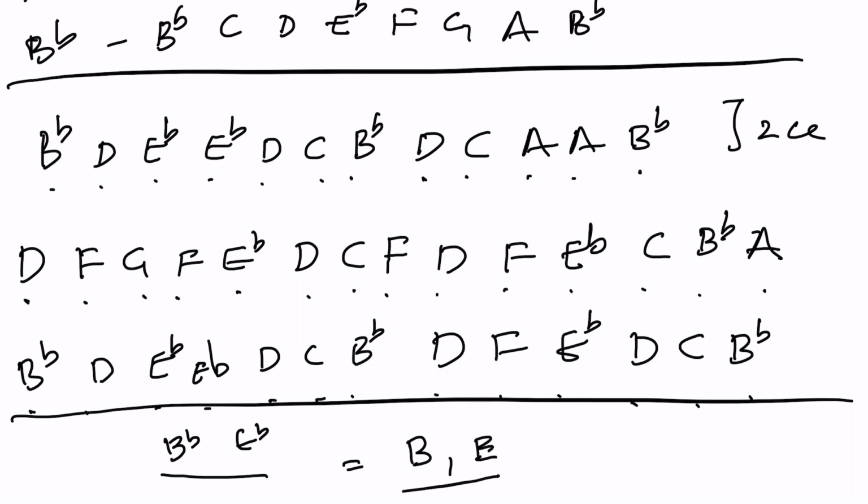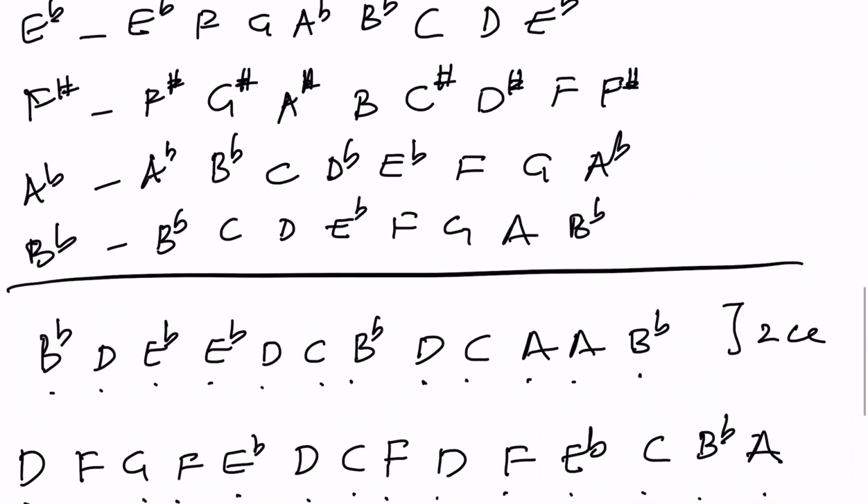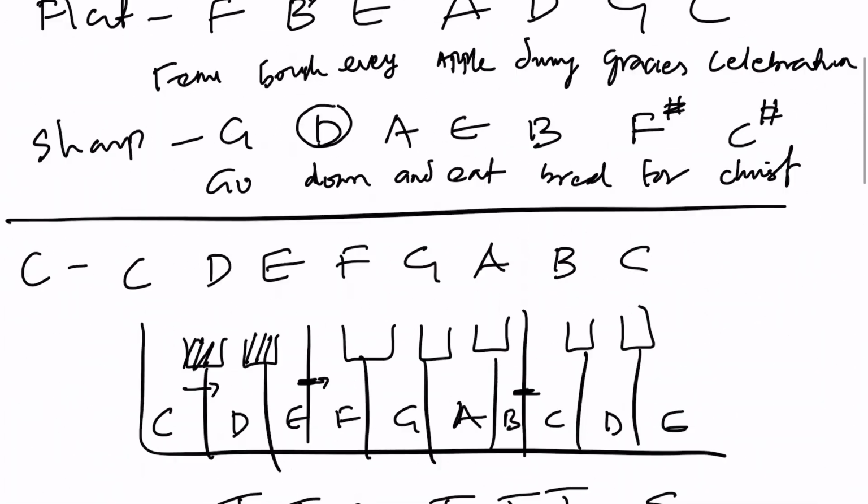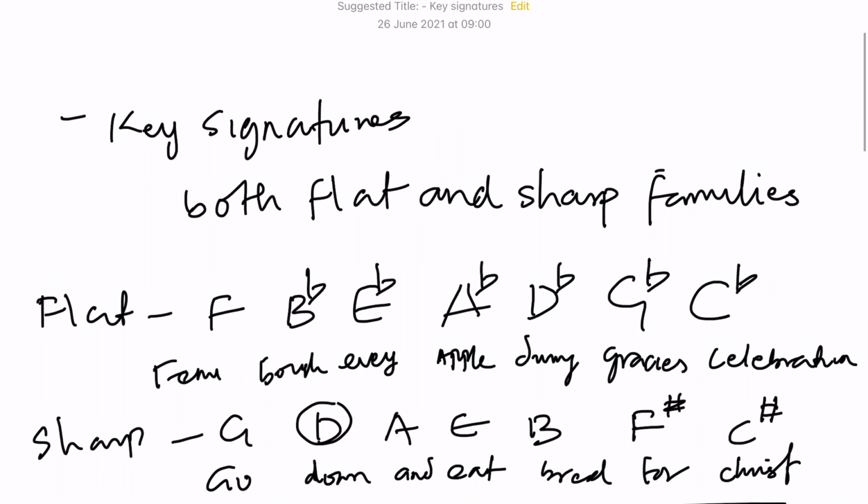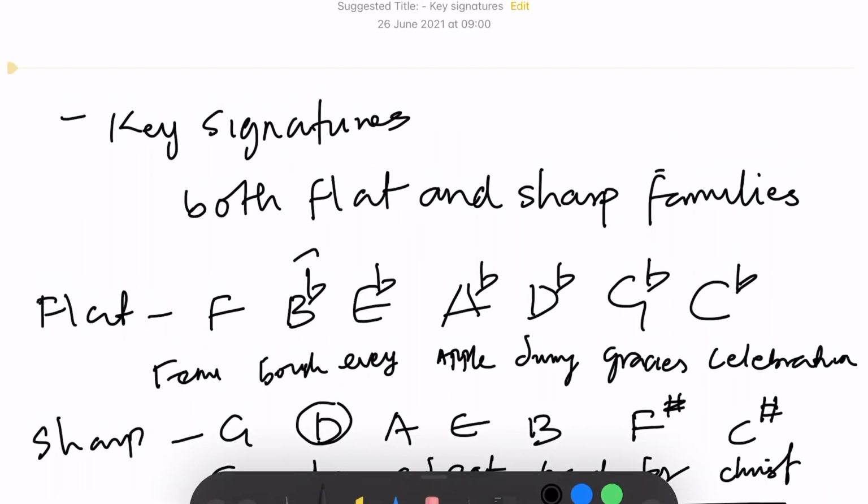Now go back to the list that you've already written and check which key has two notes flattened. Let's go back to our flat family and go and check. See here the key of B flat.